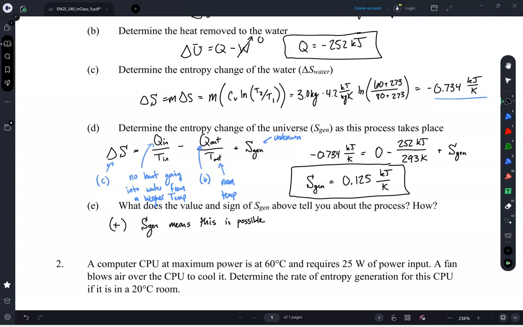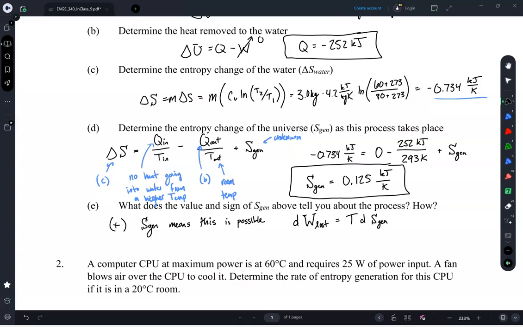We could also look, if we wanted to, a little bit at the magnitude. So we did do this in class. Wouldn't necessarily have to do this, but if we want to look at the lost work, this is T, right? D is T dS gen.